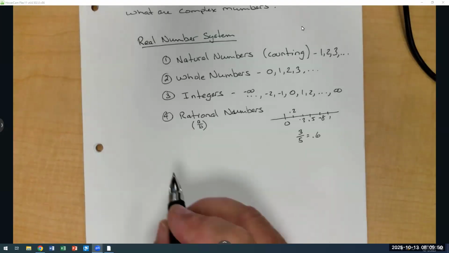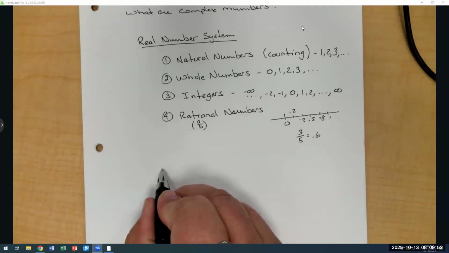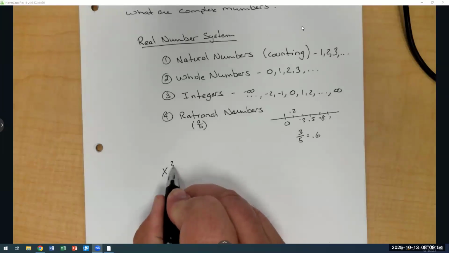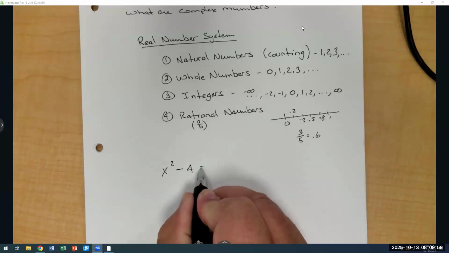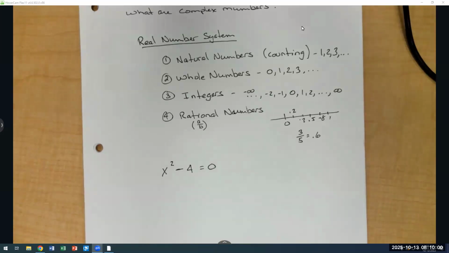For example, what happens if I gave you that and I ask you to solve for X? How would you do it? Nope. Because that is just too easy. What if I gave you 3 here? What would you put in there instead?